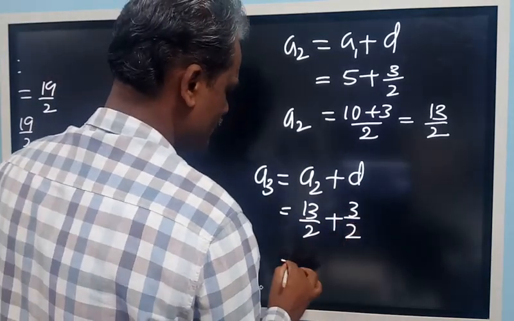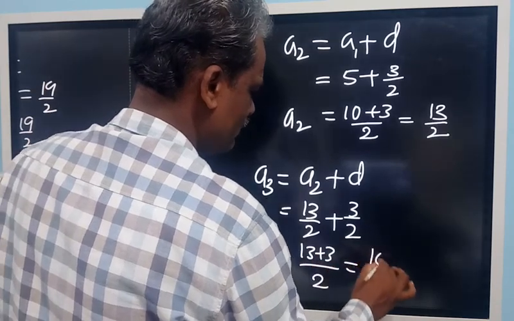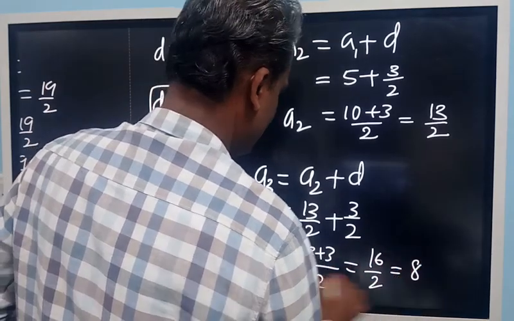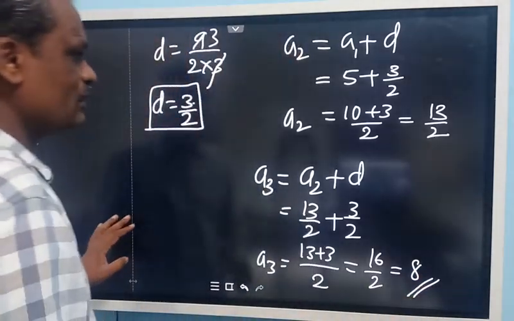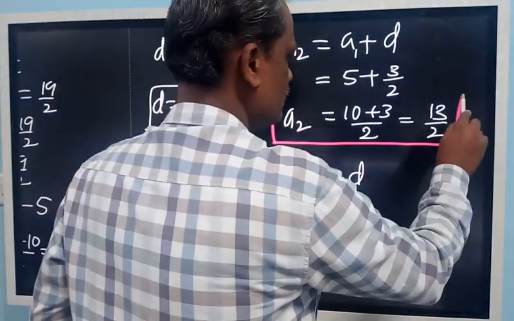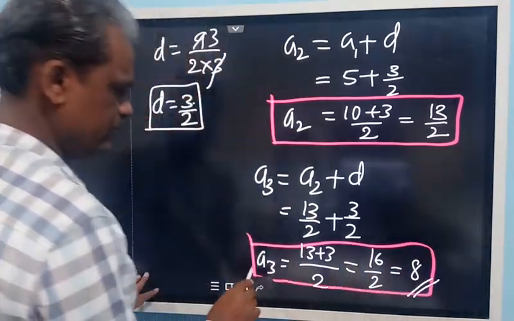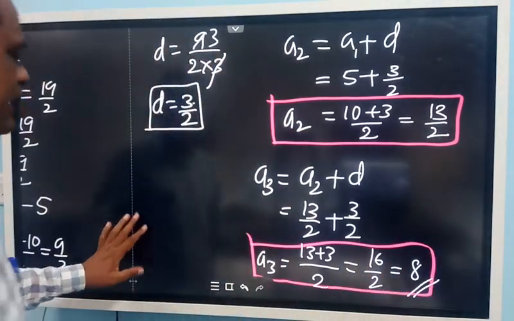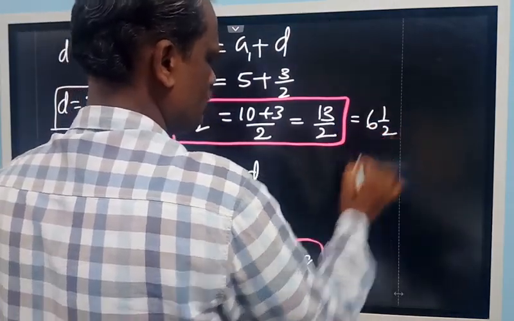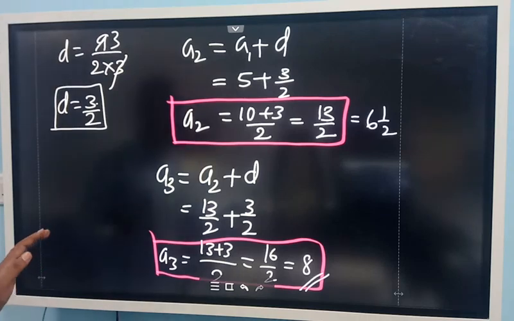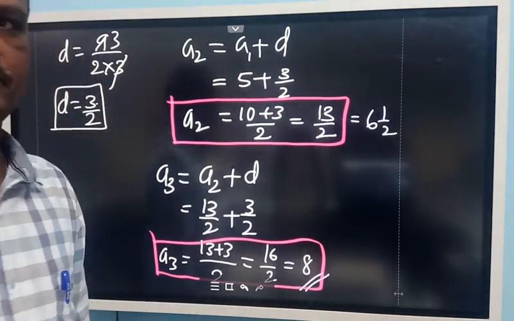So take the LCM, LCM is 2. 13 plus 3, it is 16 by 2. And A3 is 8. So this is the third term. So you got the second term 13 by 2 and the third term 8. You can write the mixed fraction of 13 by 2 as 6 1 by 2. 2 sixes are 12, 12 plus 1 is 13 by 2.